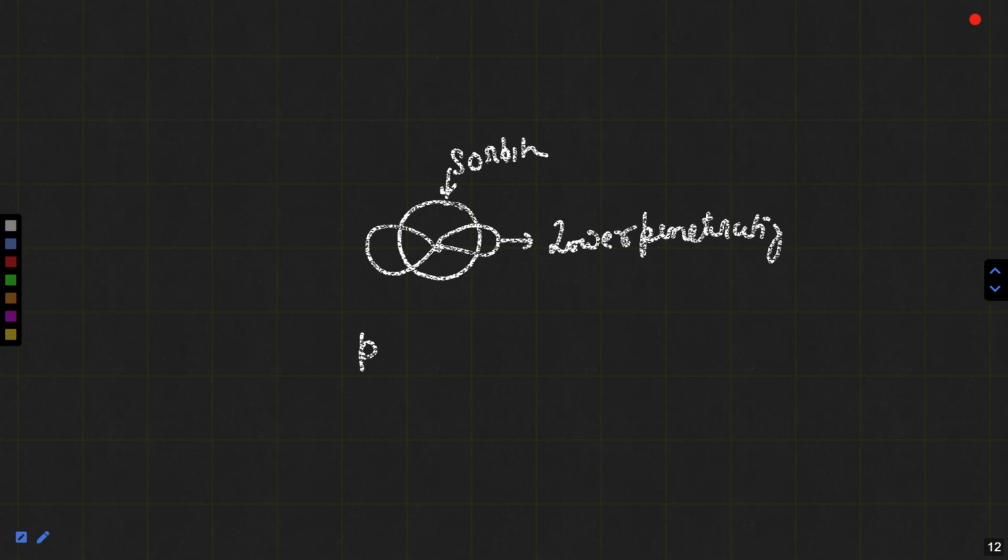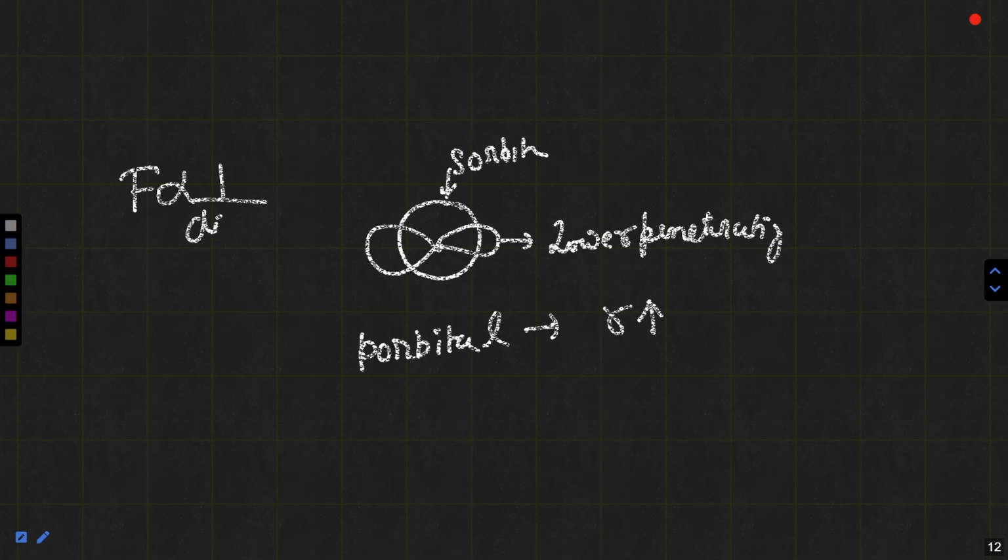So for the p orbital, the distance between the nucleus and the negative charge is high, so r is high. You know that force of attraction is inversely proportional to the distance squared. Since the distance is increasing for the p orbital, its force of attraction is decreasing.